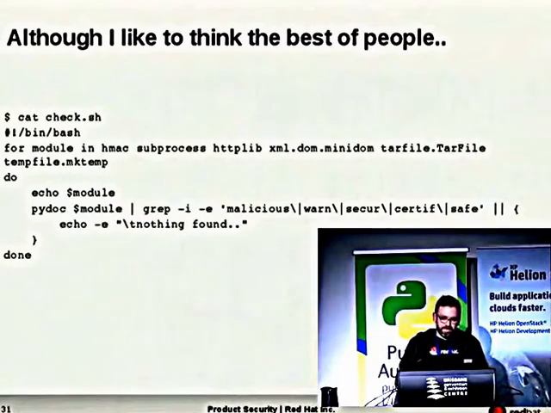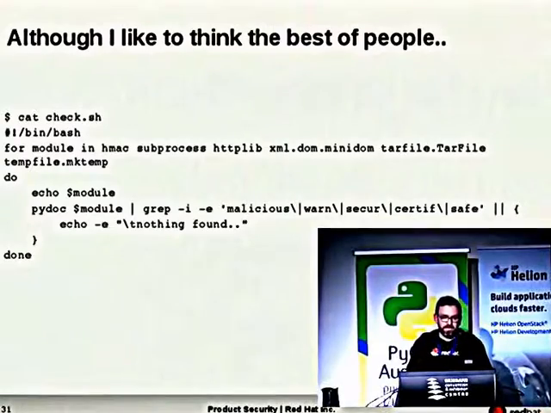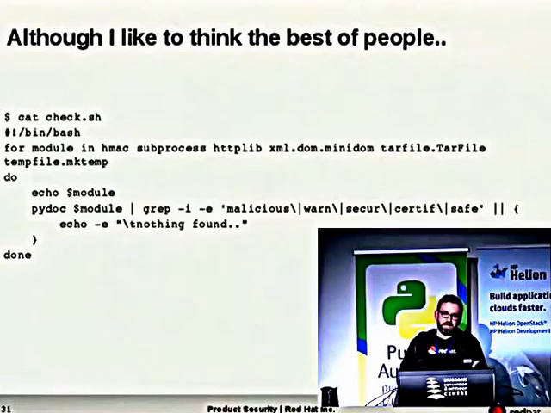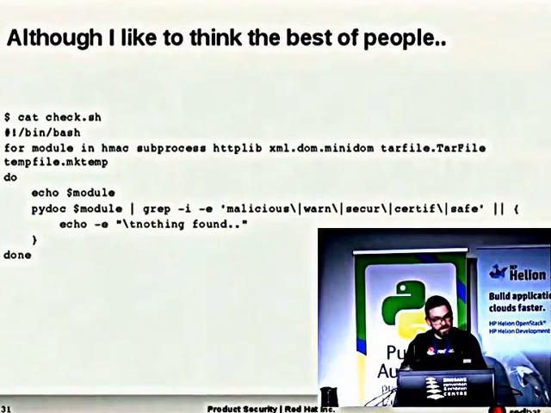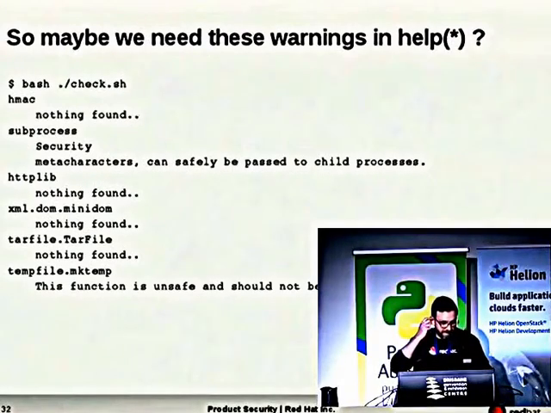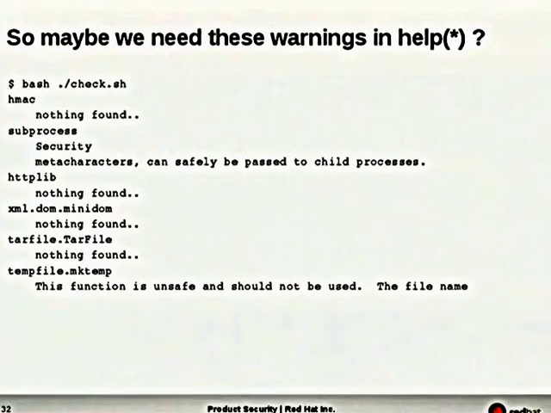So this little script looks through the Python documentation that you receive if you type pydoc in the shell or within the REPL, and looks for some of the nasty words that are in those warnings. What I found was that in all of those modules that I mentioned previously, none of the warnings were present in that documentation. And that's maybe something that we need to look at fixing in Python.